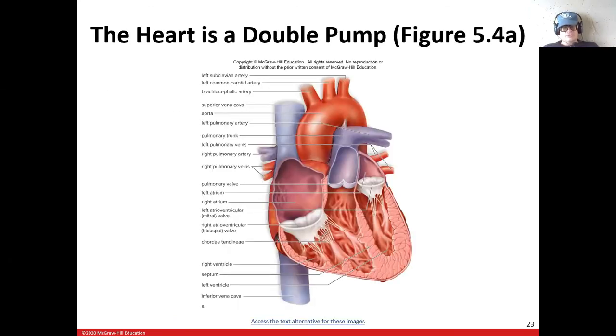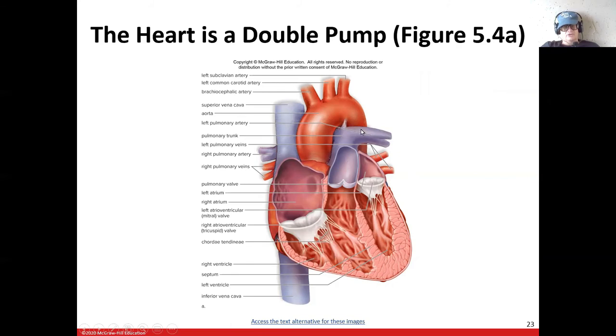We're going to then take all the flow on the right side of the heart, which is blood that we're about to send to the lungs to get rid of that carbon dioxide and pick up the oxygen. So here we have superior vena cava blood coming in, inferior vena cava blood coming in, and that blood's going to go through the tricuspid into the right ventricle, and then it will go through the pulmonary semilunar valve into the pulmonary trunk, which will go off to the left side.